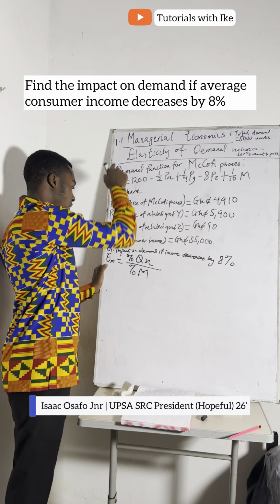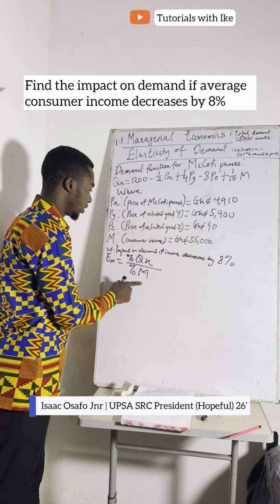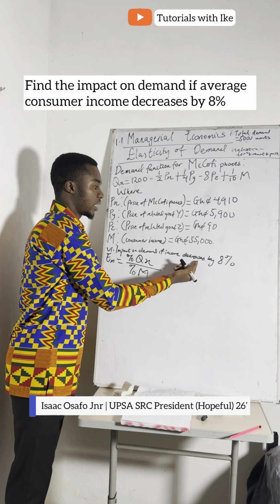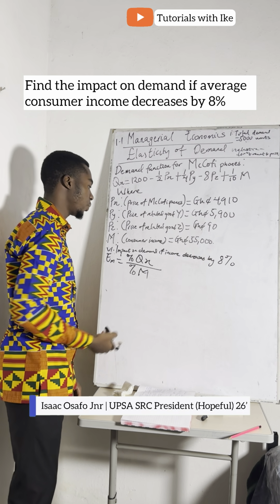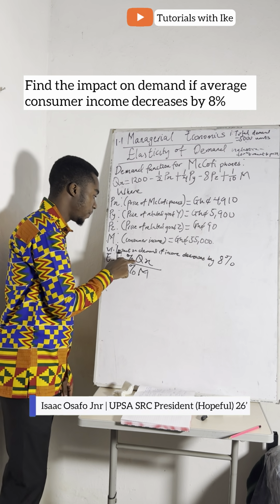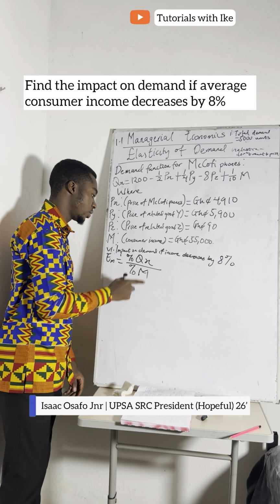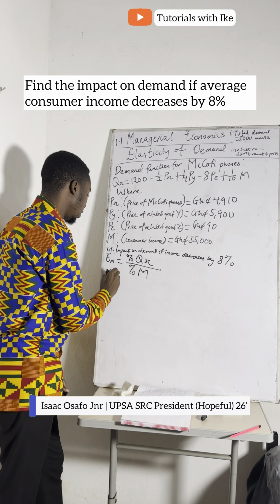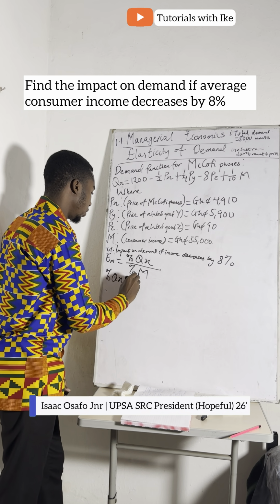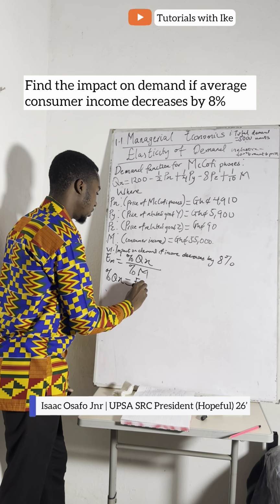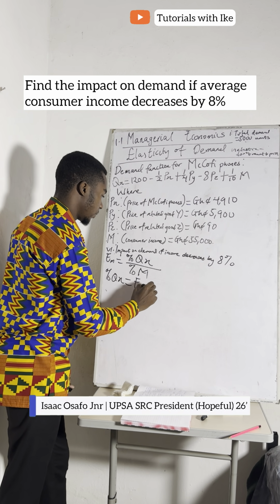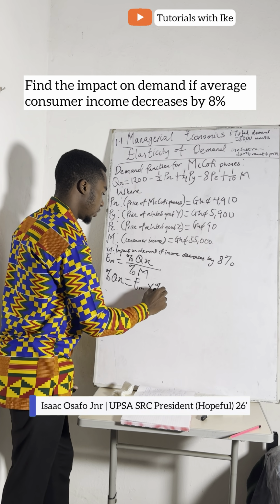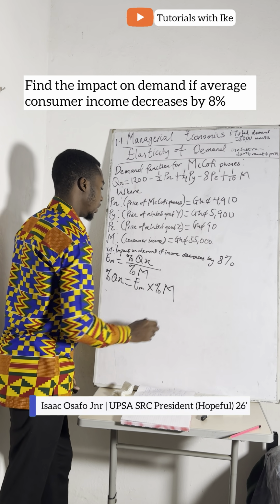That's what we solved for. Then we also know the percentage change in income. They've already told you that income decreases by 8%. So now we can cross multiply to find the percentage change of the quantity of X. The percentage change of the quantity of X will be equal to the income elasticity of demand times the percentage change in income.